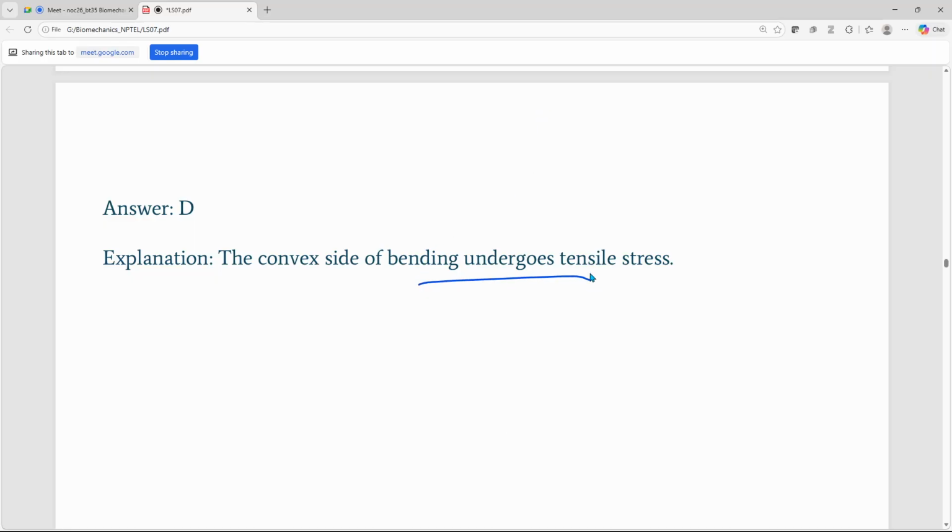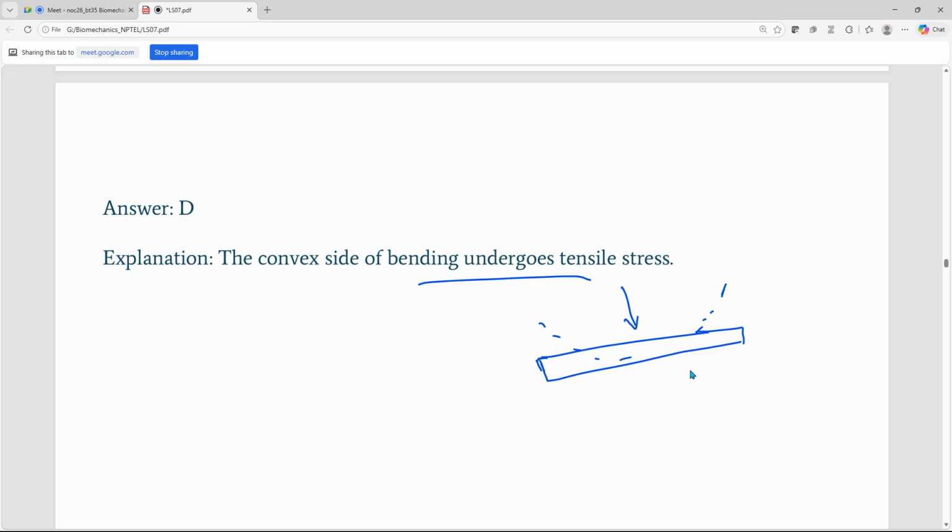When bending occurs, the convex side experiences a tensile stress. So even if you take it as a simple beam, just take this as a simple beam, and it is bent with a particular load acting here, so its tendency will be to bend.